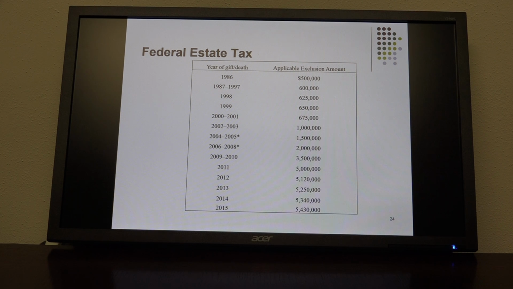Notice how the annual exclusion has gone up quite a bit. Congress has tried, although how successfully we don't know, to exempt a lot of small estates from gift and estate tax.